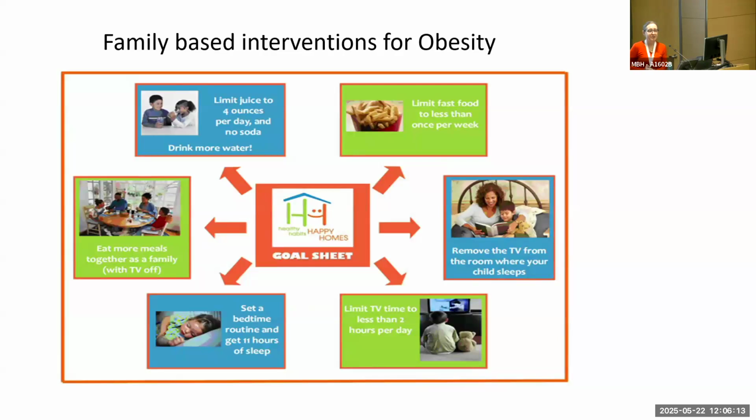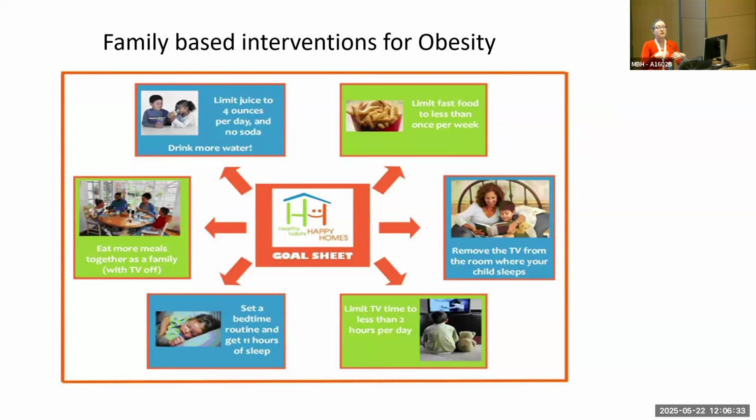And a lot of the recommendations tend to be family-based, right? For young kids, you have to get the whole family involved. This is just the complexity that can be involved in preventing childhood obesity.